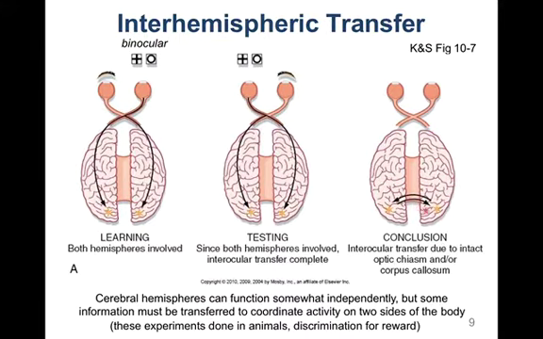One or the other. But in any case, the testing was successful because both hemispheres knew the problem. Okay, that's the key point. Both hemispheres knew the problem, so testing was successful.